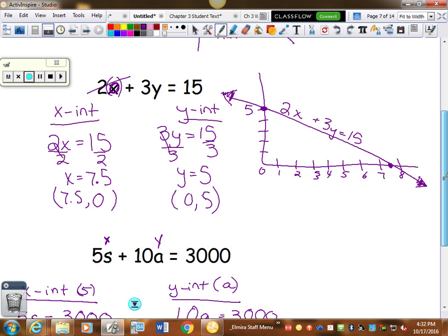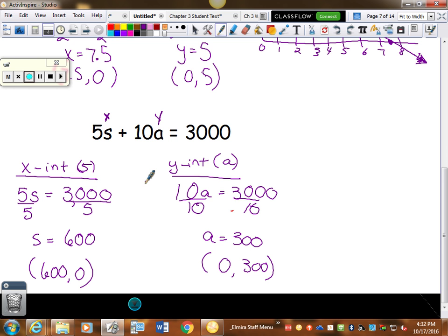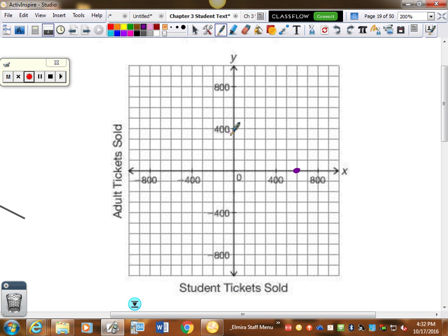All right, if we're selling only adult tickets, $10 a ticket, divide both sides by 10. We'd have to sell 300 of them. So we put a dot at the 300 for adult tickets.